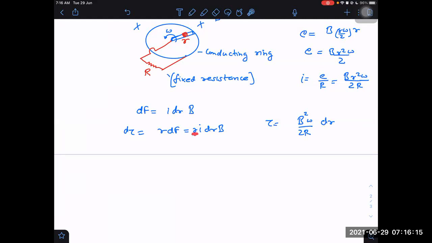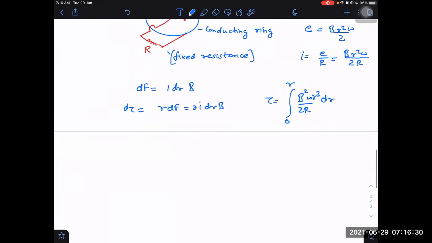Something is missing. One r is here and r square is here. So we are getting r cube, sir. Now is it okay? 0 to R limits. Okay.